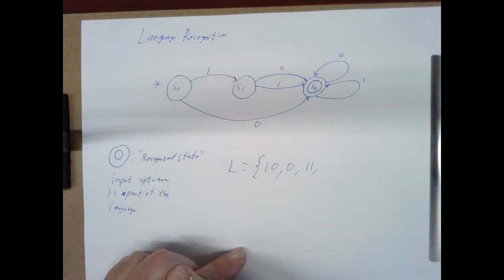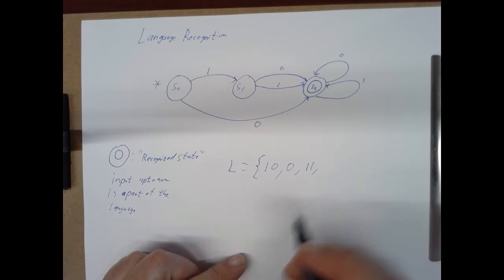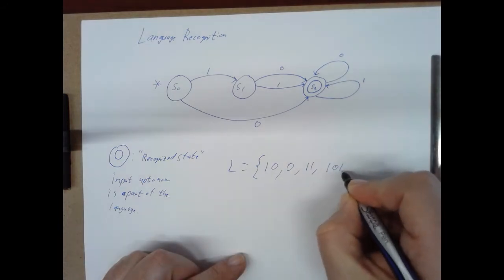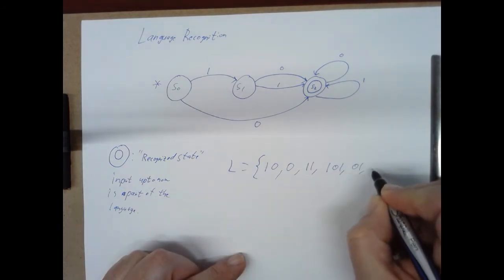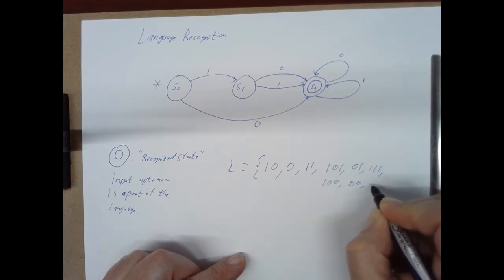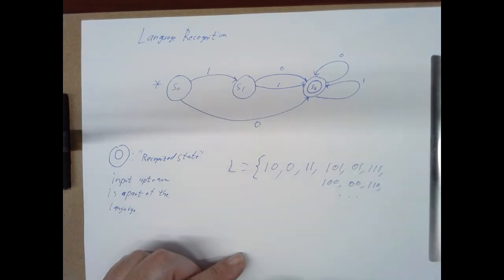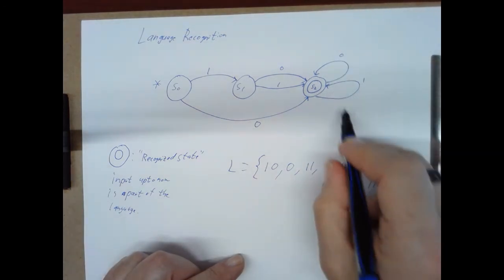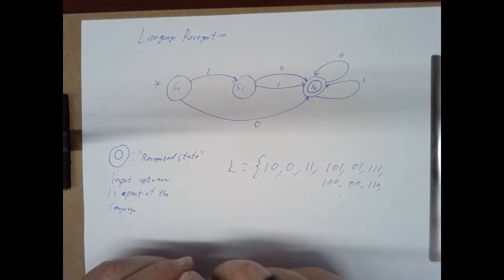Right, that gets you there. Yeah, so 1, 0, 1, 0, 1, 1, 1, 1, 1, 0, 0, 0, 0, 1, 1, 0, right? Any number of zeros or ones after a recognized string will also be recognized.